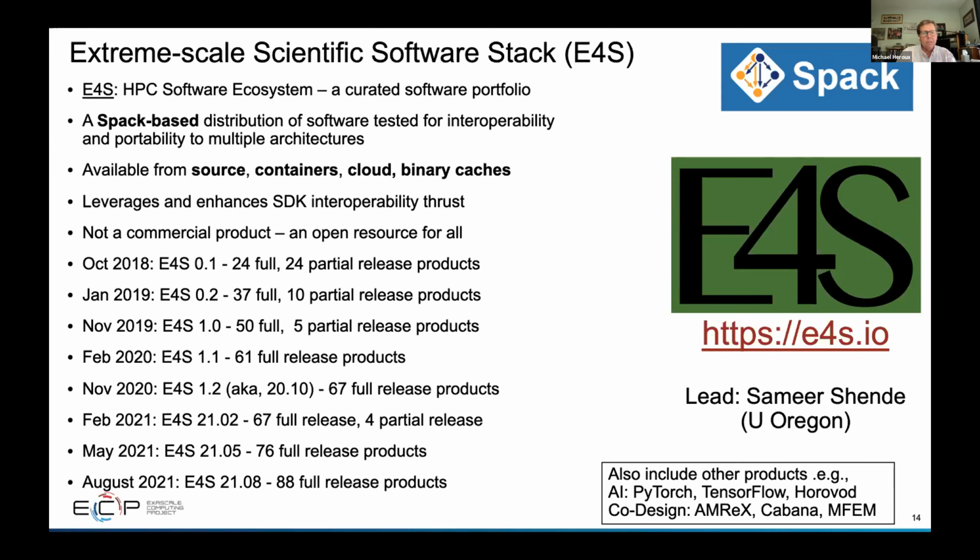The last release was in August. It includes all of the products that ECP software technology is contributing to, and other products as well. You can think of it as a high performance HPC Linux environment right now, although we do care about Windows eventually too, and other Unix platforms.